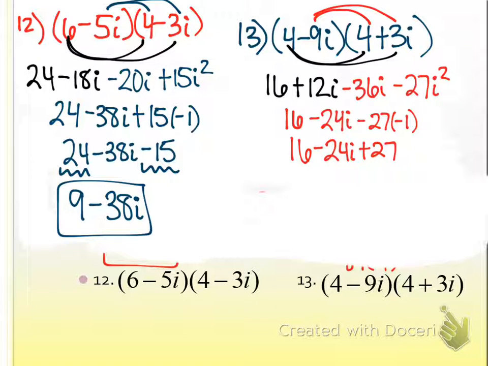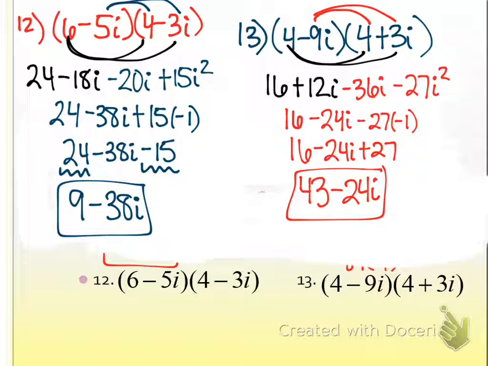So on our last step, when we combine like terms, we have 16 plus 27, which gives us... 33. What? Not 33. 43. 43 minus that 24i. That's our final answer.